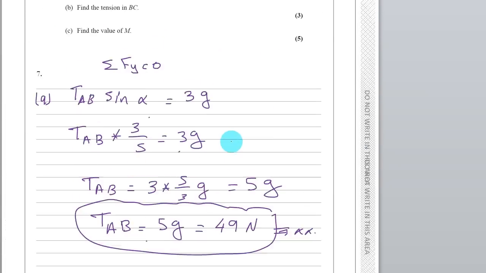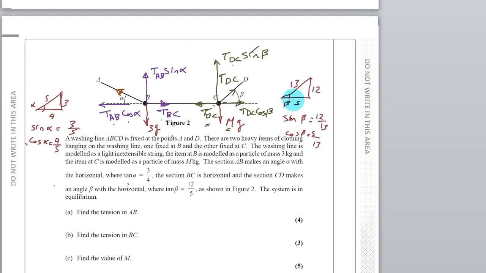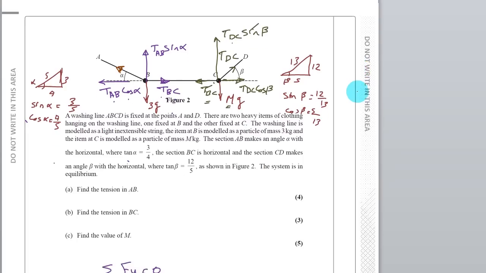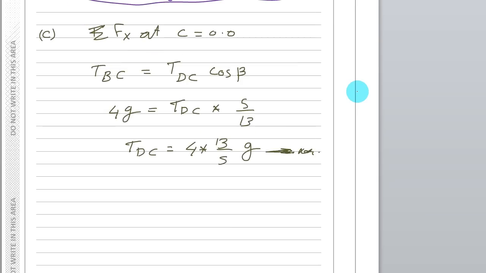Now summation of F_y equal to 0. So T_CD sine beta is equal to mg. So sigma F_y now equal to 0. T_DC sine beta is equal to mg.